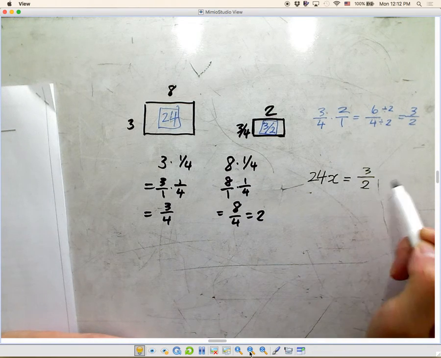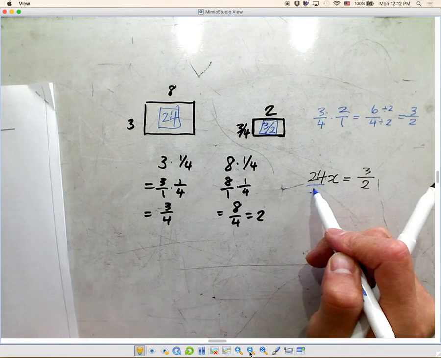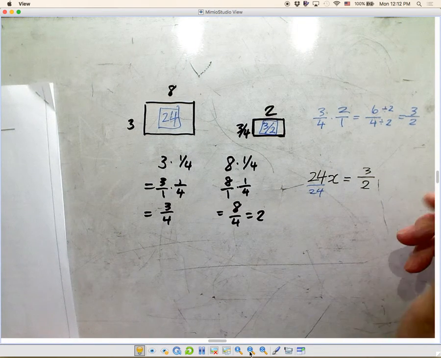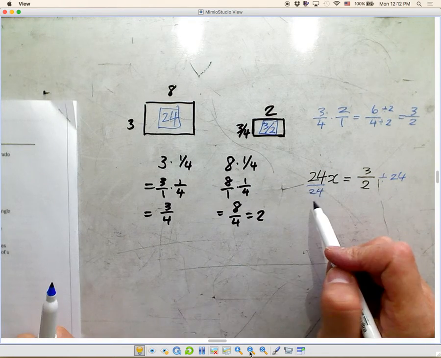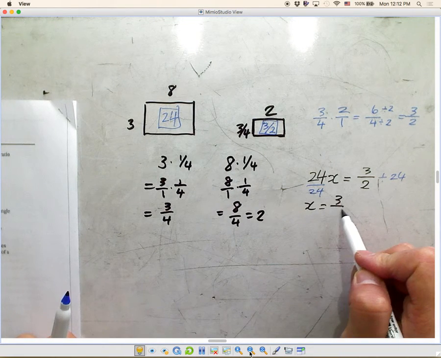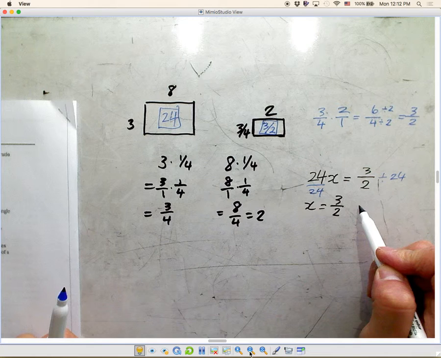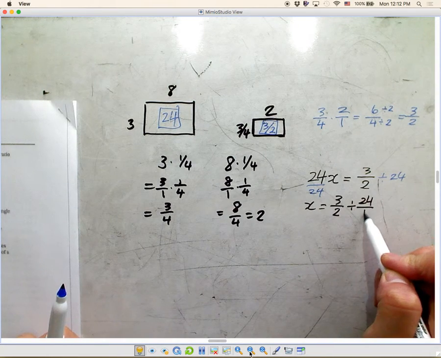You know how to solve this one, right? Divide both sides by 24. So the x will be equal to 3 halves divided by 24 over 1.